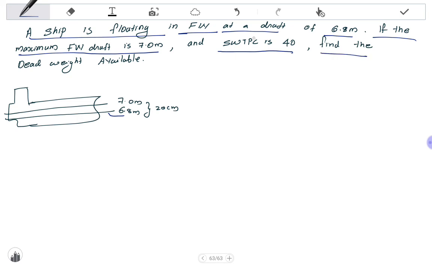Salt water TPC is equal to, what is the formula? A divided by 100 into 1.025. The value here is 40, correct?